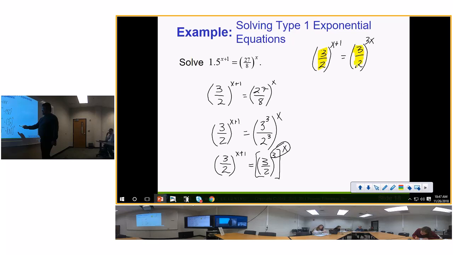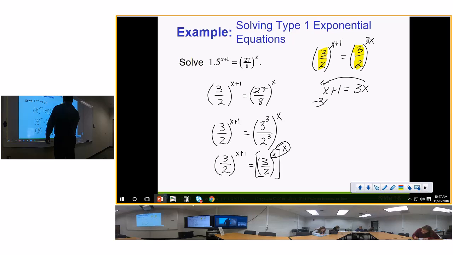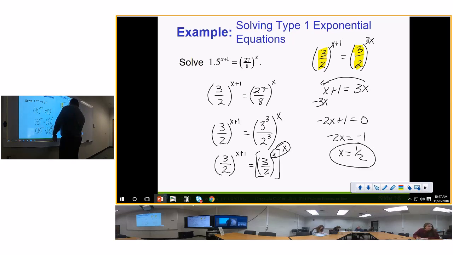The same, therefore x plus 1 is equal to 3x. And what's x minus 3x? -2x. And -2x is equal to -1. x is equal to what? 1/2.